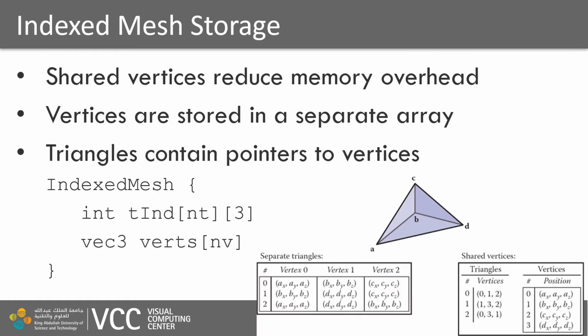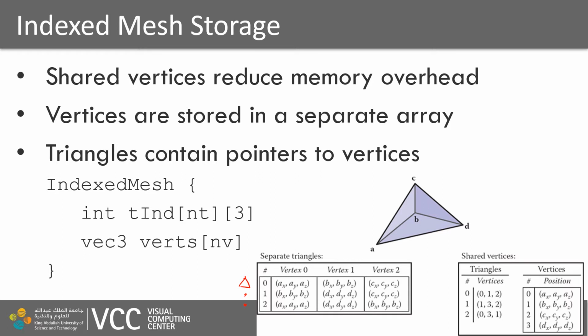So how can we represent the mesh through its triangles? One way, which is the most straightforward, but at the same time not a very efficient way, is to represent each triangle, triangle 0, 1 and 2, by just listing their vertices in the data structure.